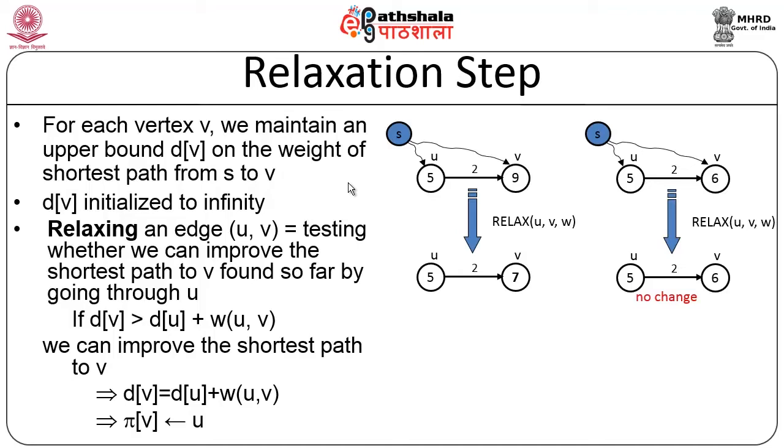So, in relaxing, d of V is initialized to infinity, as we have already discussed. Now, relaxing an edge uv means testing whether we can improve the shortest path to V found so far by going through u.